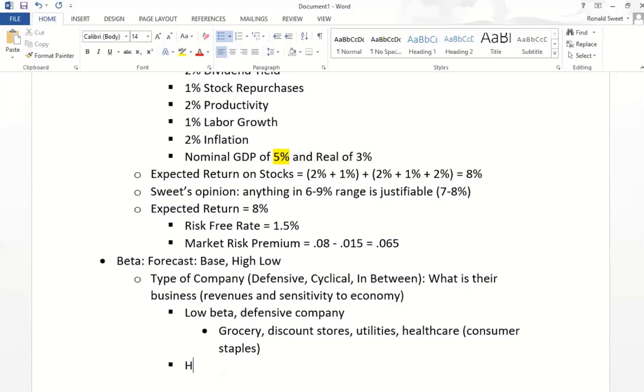Your high beta, cyclical. So all your durable goods. So CarMax, Whirlpool, those are definitely high beta. Your manufacturing. So you know, we have someone doing Deere. So Adrian doing Deere, Whirlpool, definitely.